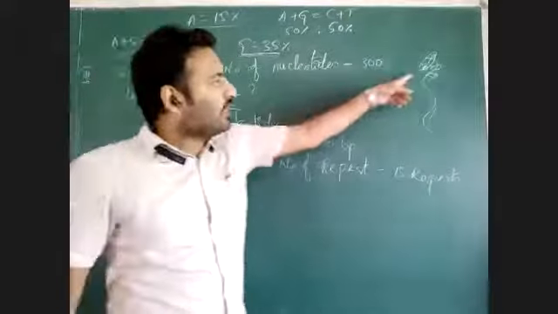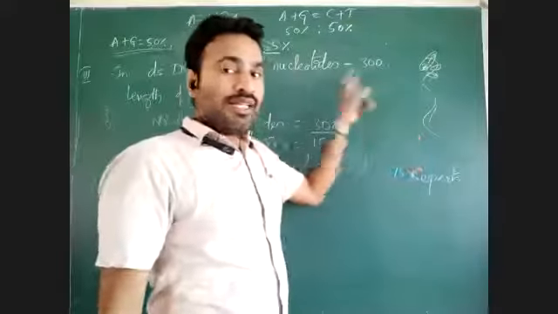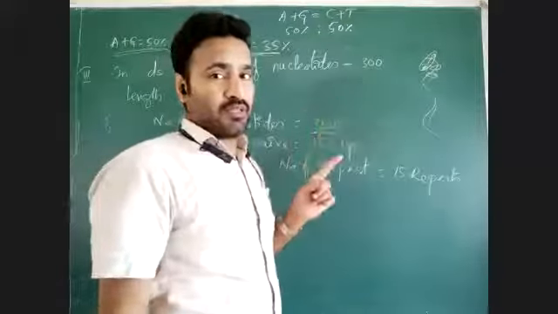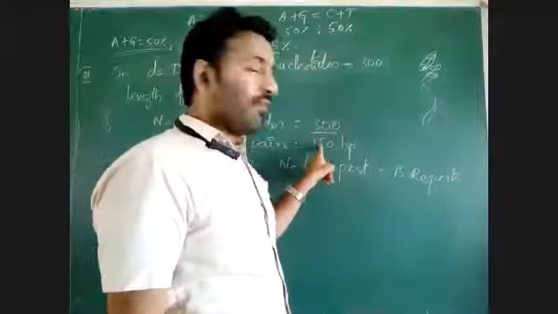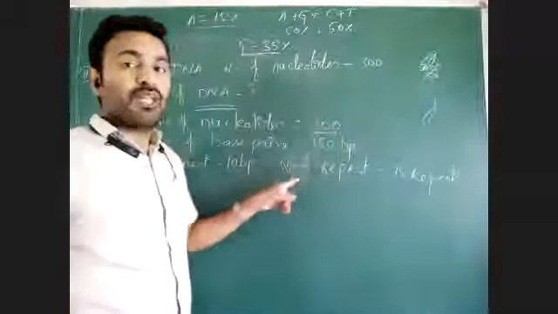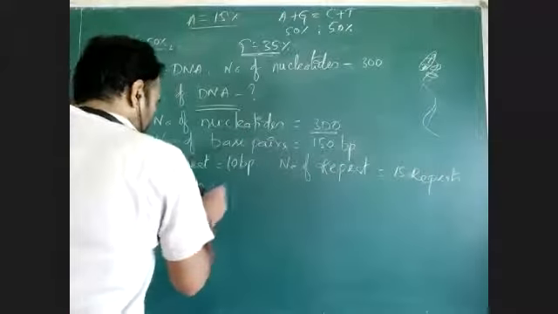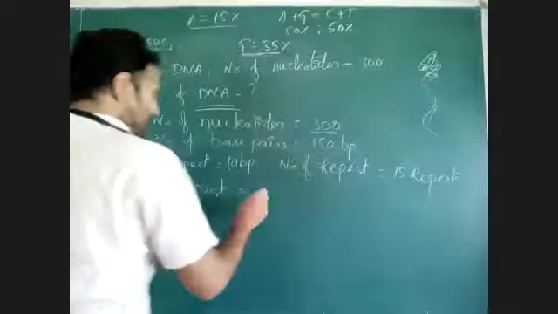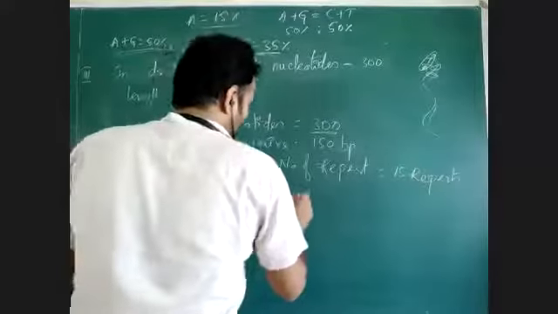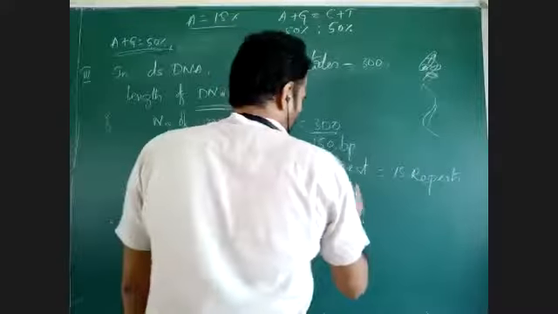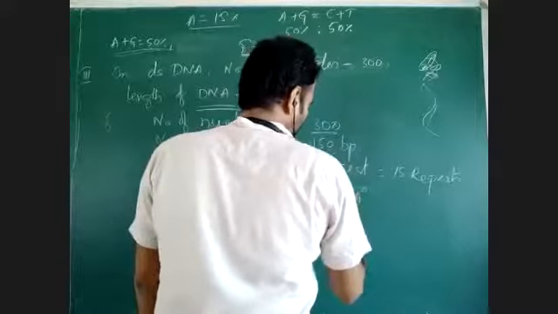And the length of DNA. Normally 10 base pairs is called as one repeat. So 150 by 10, 15 repeats length will be there. And one repeat is equal to how much distance? 3.4 nanometers or 34 Armstrong.